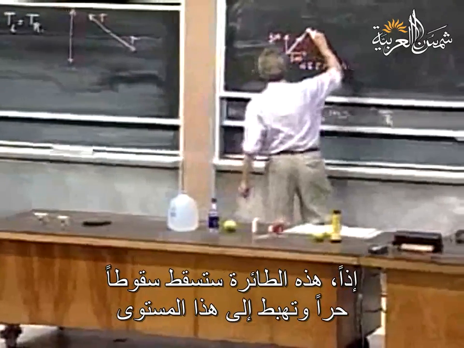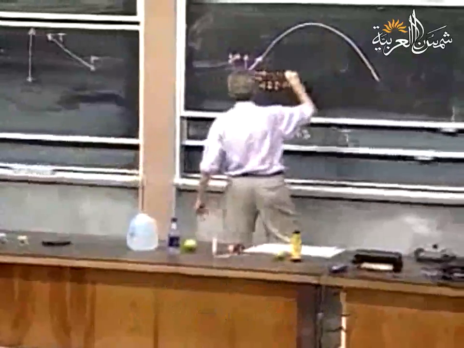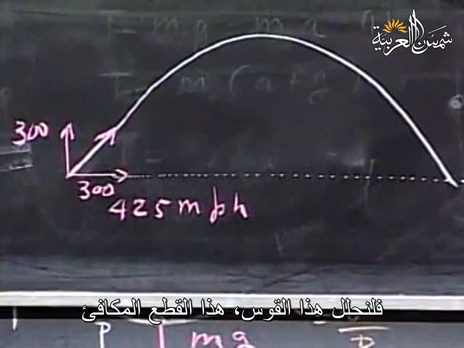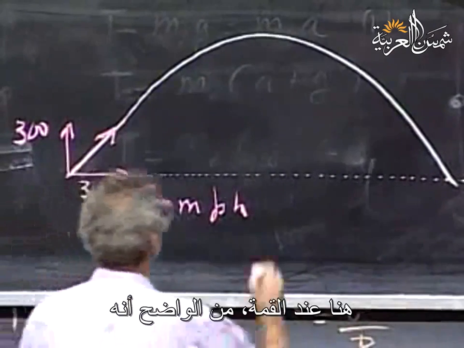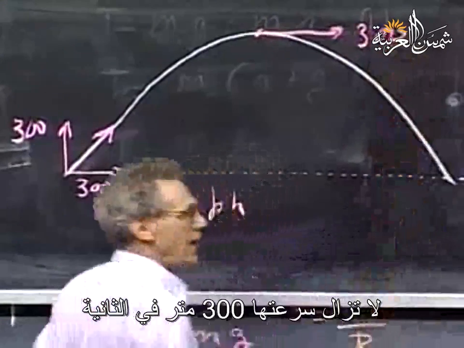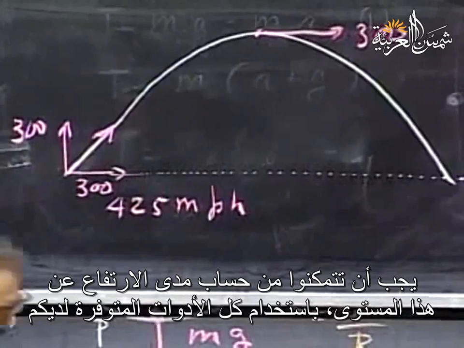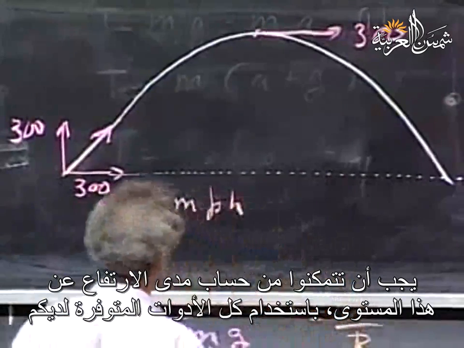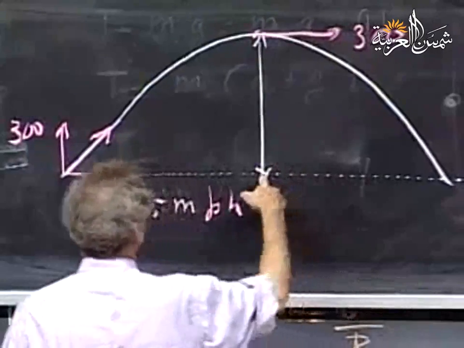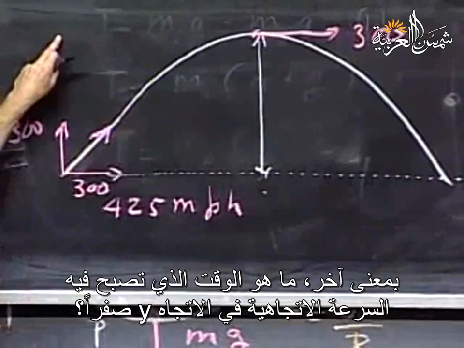The air drag is very little. Let's assume, for the sake of the argument, that the engines are cut, and the plane goes into free fall. It's no different from this tennis ball. The same thing. You're going to see a parabola. And so this plane is going to free fall and comes back to this level. Let's analyze this arc, this parabola. Right here at the top, clearly, there will still be 300 meters per second in the absence of any air drag. You should be able to calculate with all the tools that you have available how high this goes from this level. In other words, what is the time that the velocity in the y direction comes to zero?